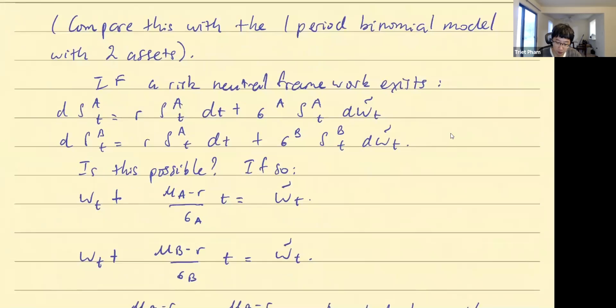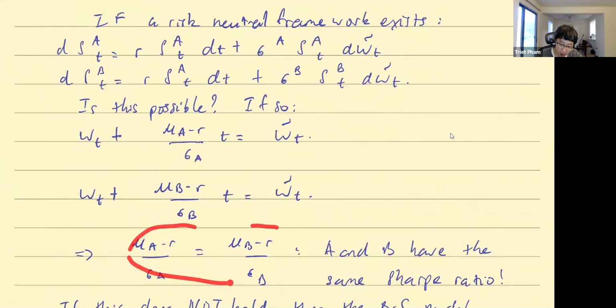Remember how I said the Sharpe ratio is like a risk measure of a company? An investor would not necessarily pay attention to just the rate of return or just volatility, but this is exactly the normalized excess return. So from this risk point of view, an investor would be indifferent whether they invest in A or in B.